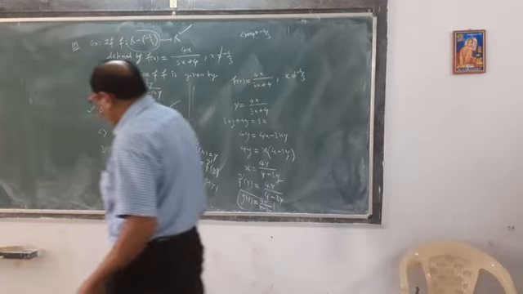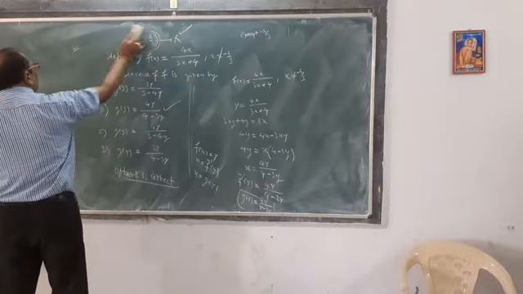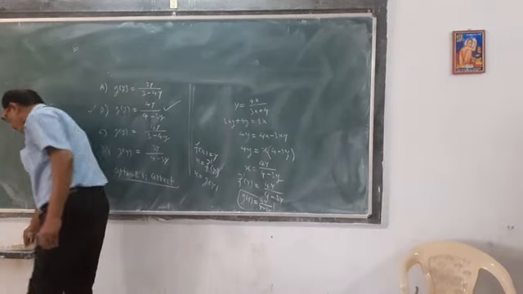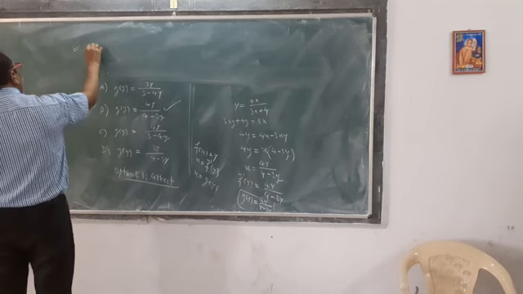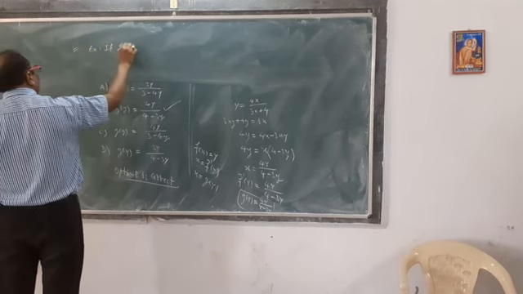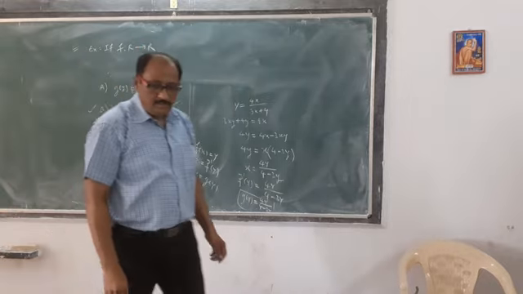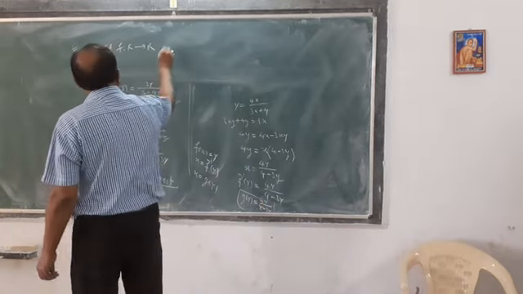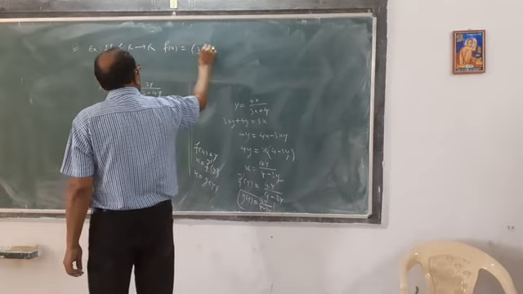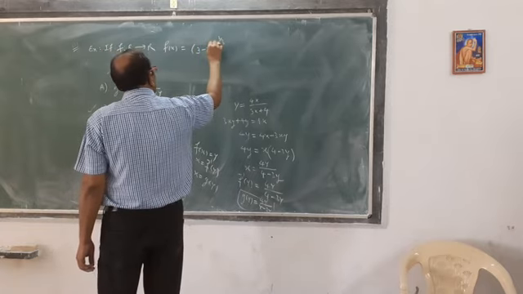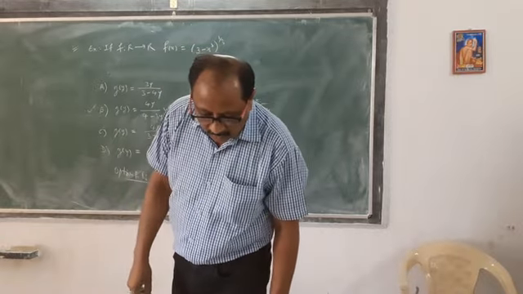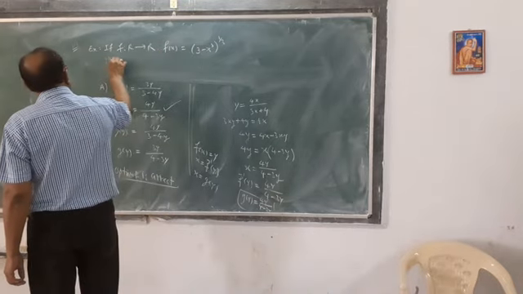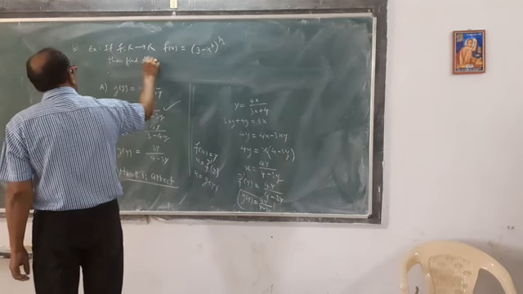If f is a given function from R to R, with f of x equal to (3 minus x cube) power 1 upon 3, then find f circle f of x.